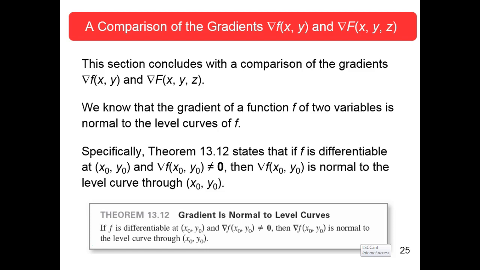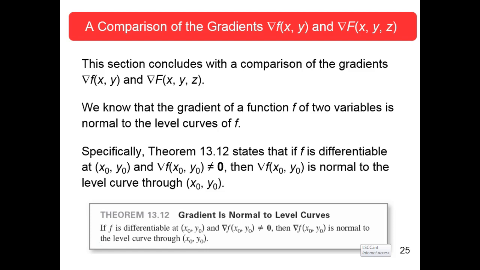We know that the gradient of a function f of 2 variables is normal to the level curves of f, okay? Because with 2 variables, that's going to give you a vector in 2 dimensions, of course, that is normal to the level curve. So whatever your level curve is there, it's going to be in that plane.